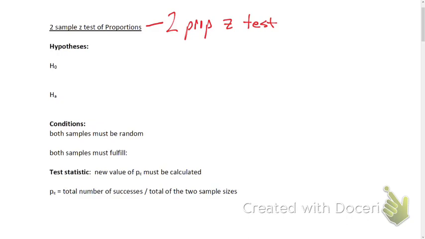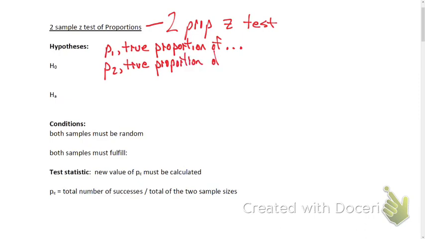What you need to do is very similar to what we did in a two sample t-test, and that is define your two groups, true proportion of whatever, true proportion of whatever, and then for the null, you set the two proportions or assume the two proportions are equal. For HA, it just depends on what they're interested in or what they suspect. It's going to be one of those three.